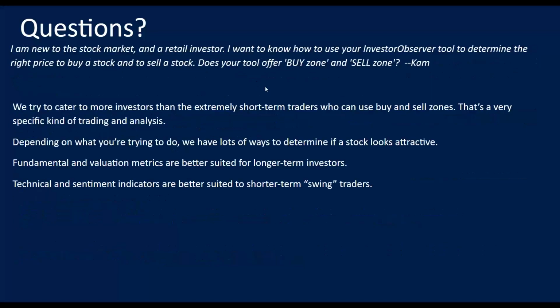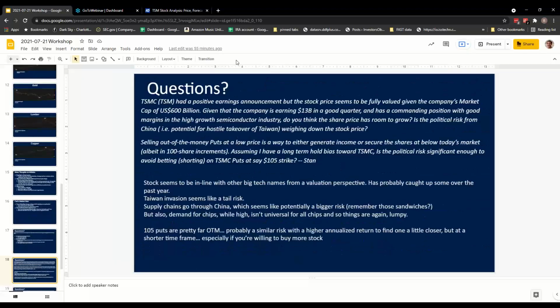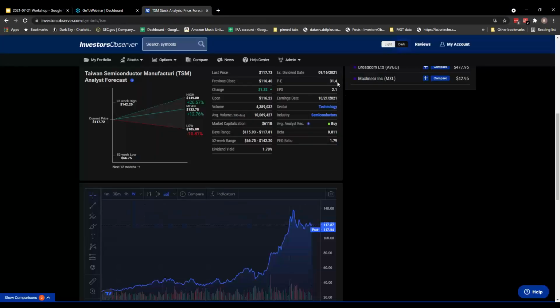So let's go back here. At a PE ratio of 31.4, for every dollar of earnings, you're paying $31.4 in share price. It's the EPS over the share price, basically.